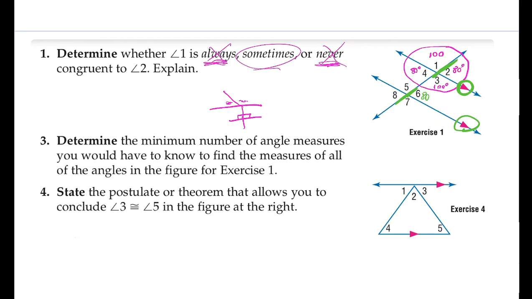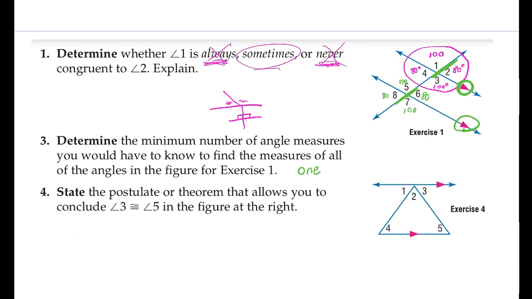So we have 80, we have 100, we have 80, and we have 100. So the answer here is we only need one single angle measure in this entire thing. Right? The caveat is if they give us the angle measure with variables in it, well, we need to lock down one known numerical value until we know all of them.